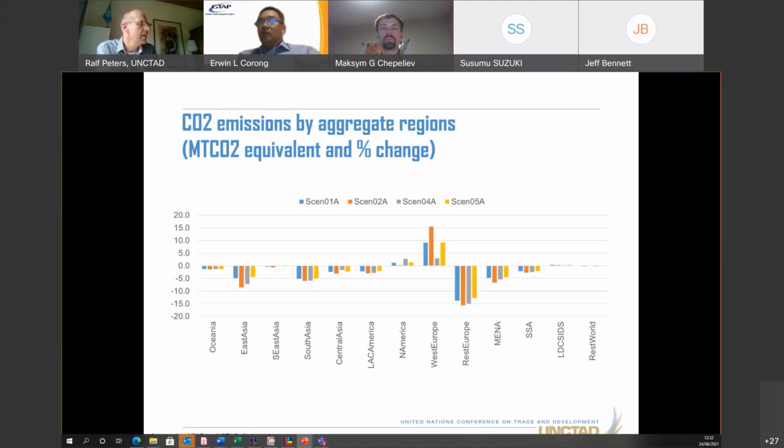So that means that the carbon emissions in West Europe increase. The global effect is of course negative because West Europe has a cleaner production of these energy-intensive goods. So in that sense, that's an effect of the production coming back to West Europe.